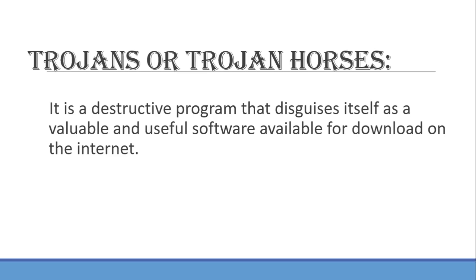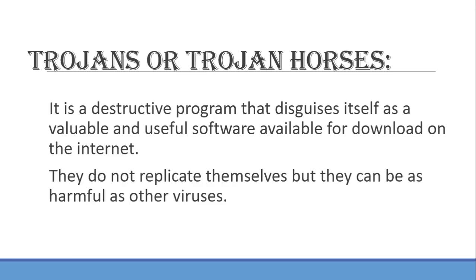It appears as very useful and valuable software, though it is harmful because it is a virus, but it presents itself as useful software available for download on the internet. And they do not replicate, or make their own copies, but still they can be as harmful as other viruses.